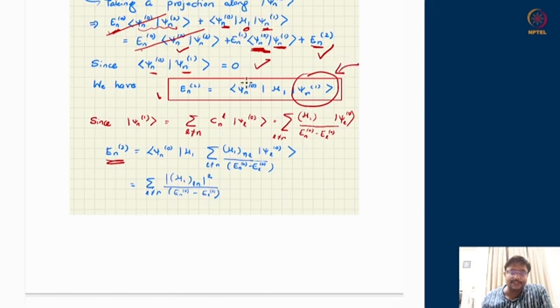From there you get the second order correction to the energy eigenvalue. Now if you get the second order correction to the wave function psi n2, that will tell you about the third order correction to the energy eigenvalue, and so on. So it builds up. Ultimately one wave function's correction tells you higher order energy eigenvalue shift, and so on.